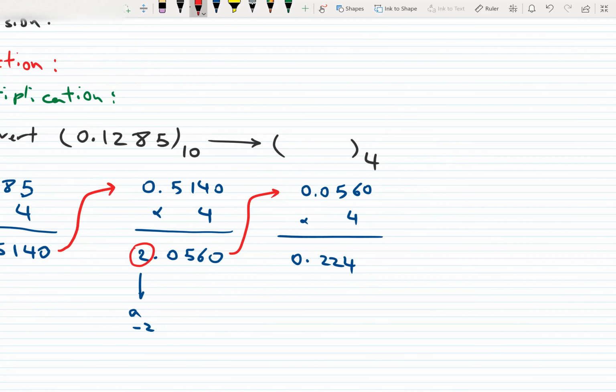Convert 0.29296875 in base 10 to base 8. Pause your video and do it yourself, and then continue the video.